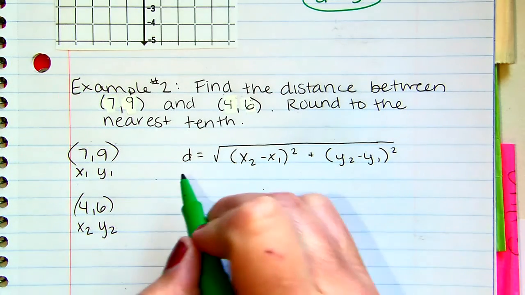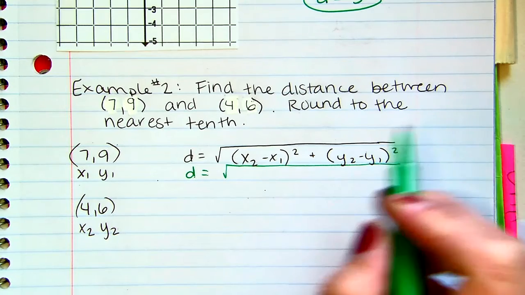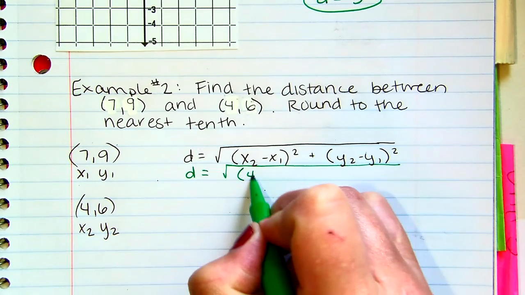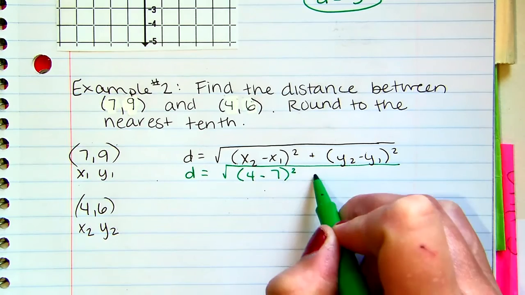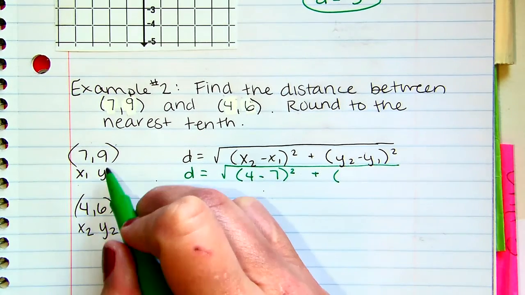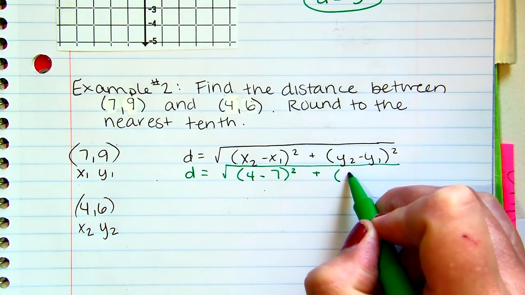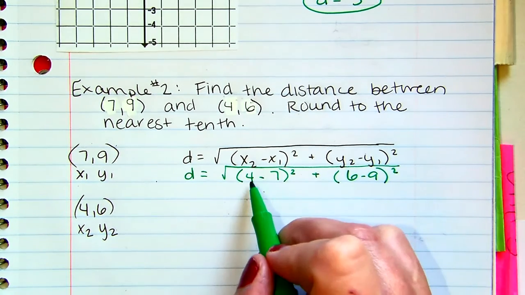Now, I'm going to substitute in those numbers. So I have D is equal to the square root of x2, which is 4, minus 7, which is x1, in parentheses squared, plus, in parentheses, 6 minus 9, because 6 is my y2, 9 is my y1. And that's squared. Now, 4 minus 7 is negative 3.